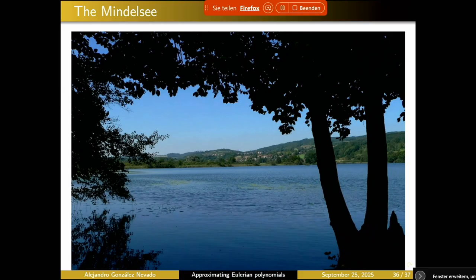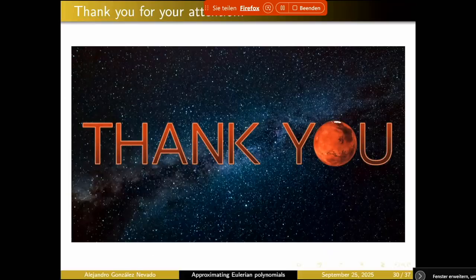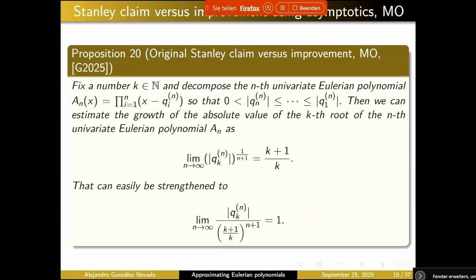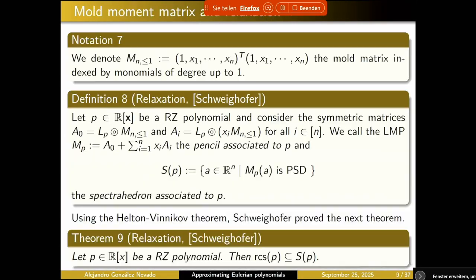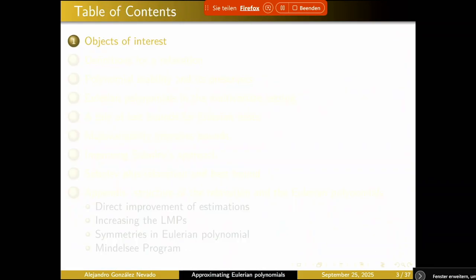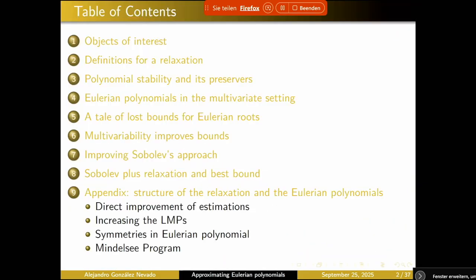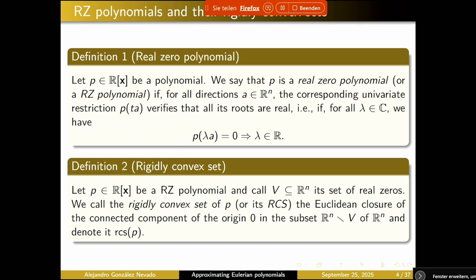It's a question about your approach. Can you show us the definition of rigidly convex set again? This is at the beginning. Here. Okay, and why do you take away the zeros?